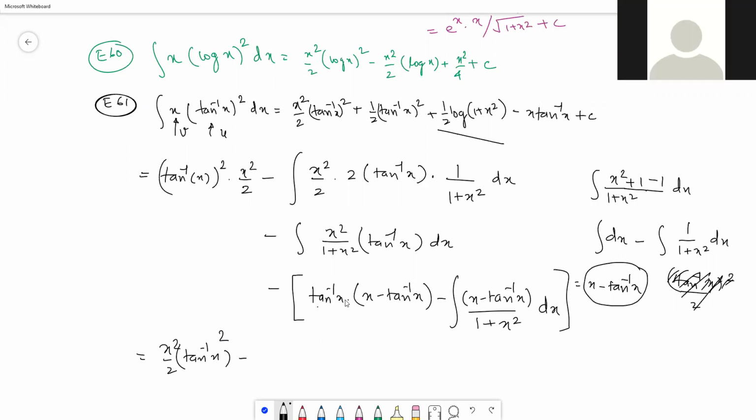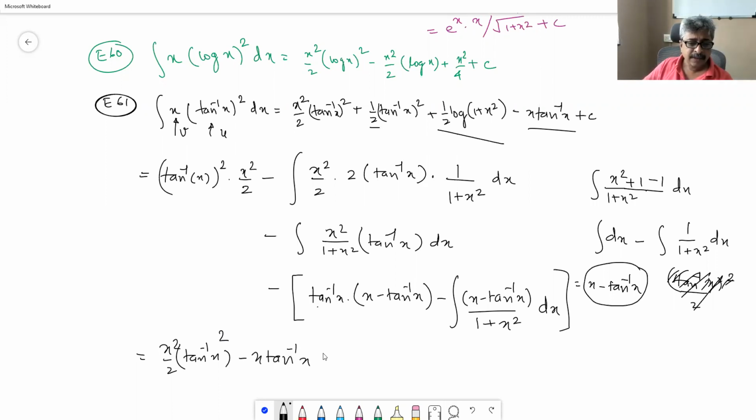There is a final integral. Sir, there is an integral remaining which will contribute tan inverse x whole square by 2. No, but these two terms are getting free now, and the coefficients are not matching here. Okay, x. Sir, x is there. Minus x tan inverse x.